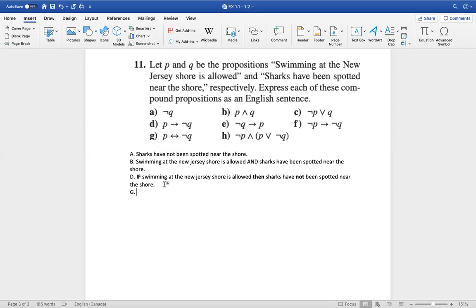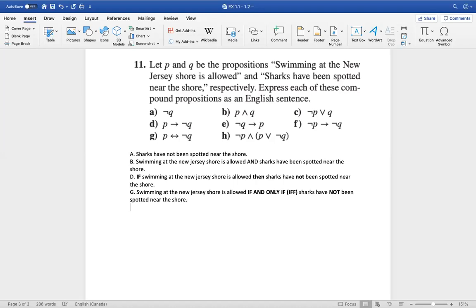So P if and only if negation of Q. So we will say swimming at the New Jersey shore is allowed if and only if, or we can also say IFF, sharks have not, because of the negation here, not being spotted near the shore.